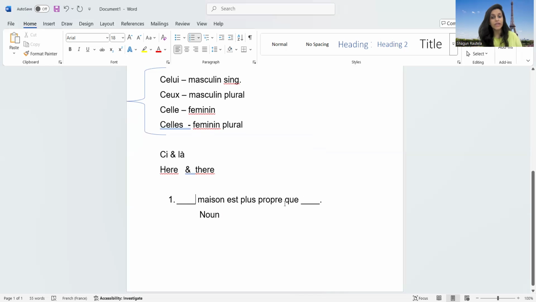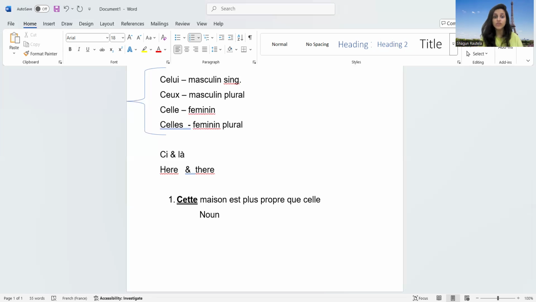This house is cleaner than that one. Okay, so cette maison, maison is feminine. Que, now I'm not writing this house is cleaner than this house. Okay, we are avoiding that. So the first time we use it, we're going to use an adjective, and the next time we're going to use a pronoun. So cette maison est plus propre que celle.